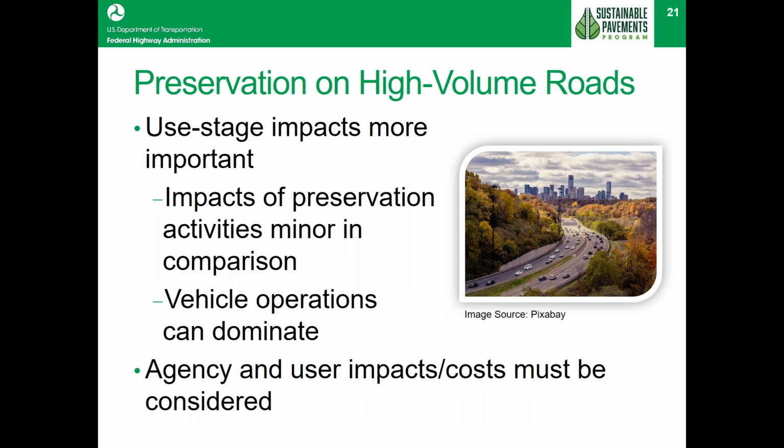But now, when we are on a high volume road, the use stage impact dominates, and here the social impact comes to the forefront and should be considered. This distinction is important. In the decision-making process, you should consider all the important factors to achieve a more sustainable pavement. We can stipulate that in general terms, preservation treatments will have less impact than other treatments, as previously mentioned.